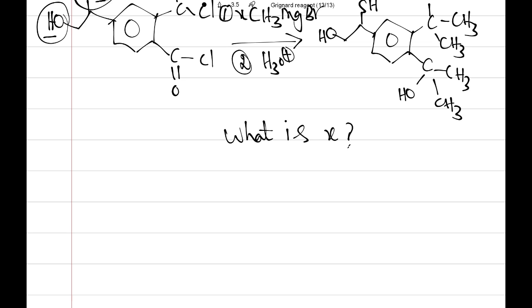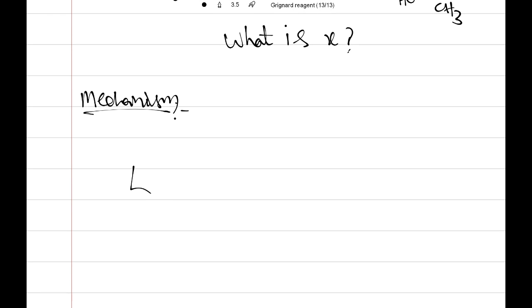Now if you write the mechanism of this reaction, very first, here it is OH and here it is SH, with C double bond O Cl and C double bond O Cl.